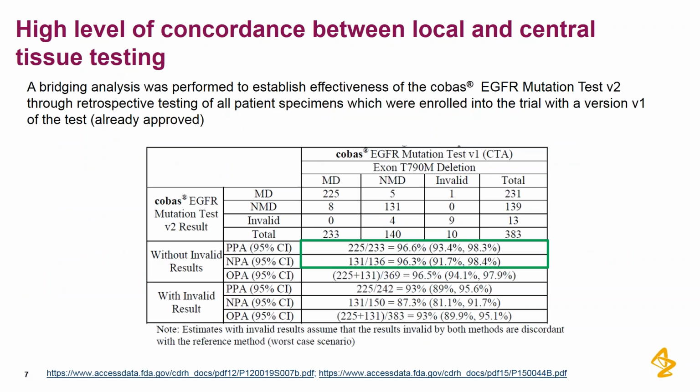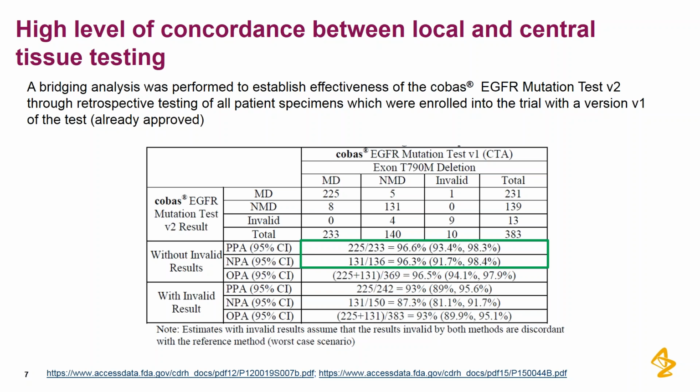So looking first at the concordance between the two central tests. Version 1 was the approved test, and version 2 was the test that we were wishing to have approved as the diagnostic tool to identify the mutation in these patients.